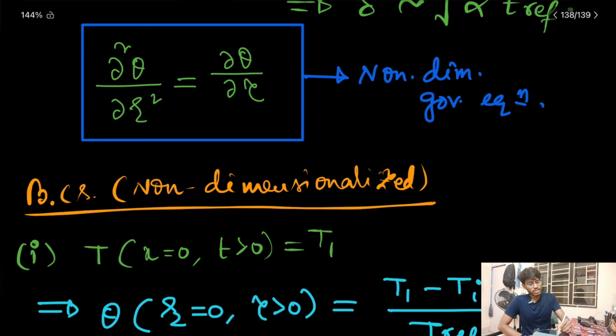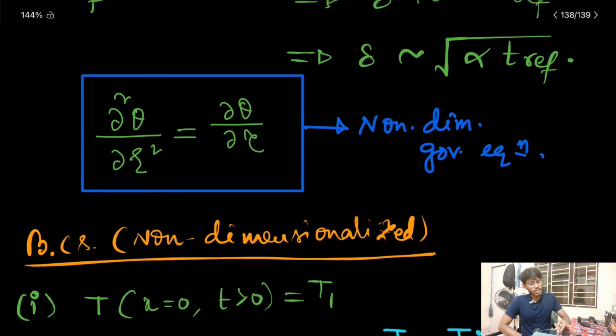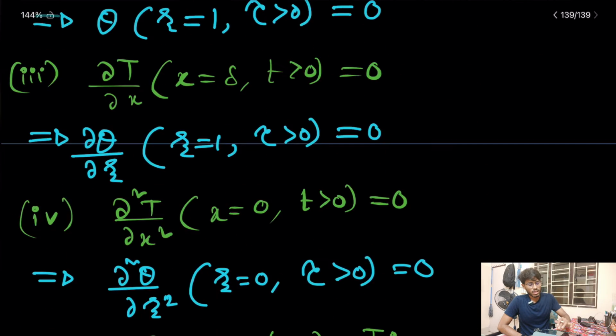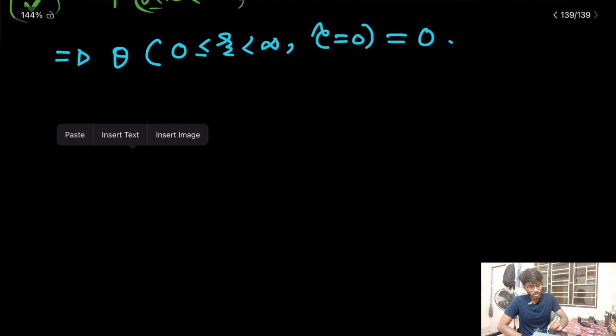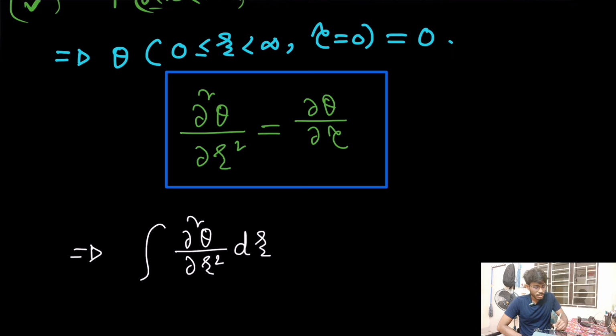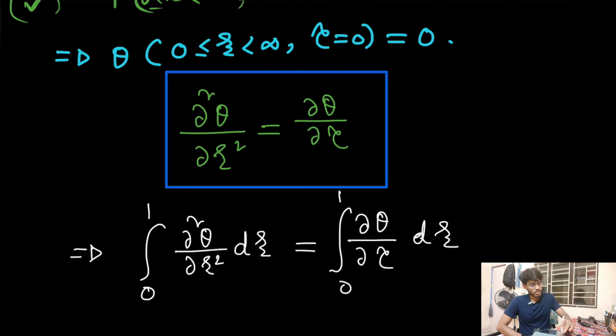So again what I have to do is integrate this. I will not jump any step; I will just integrate it once more, that will help you also. From this step I will integrate, but now the limit and the variable of integration will be different. It will be d xi from 0 to 1.